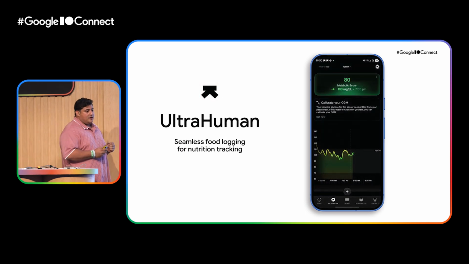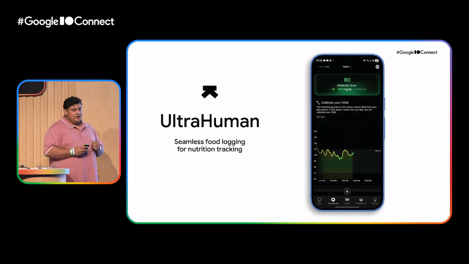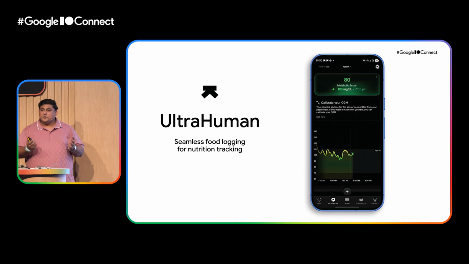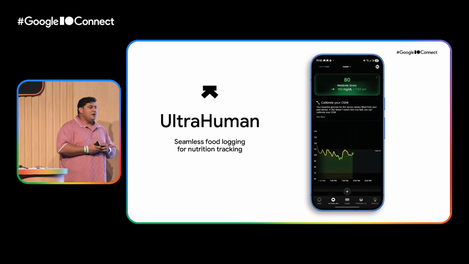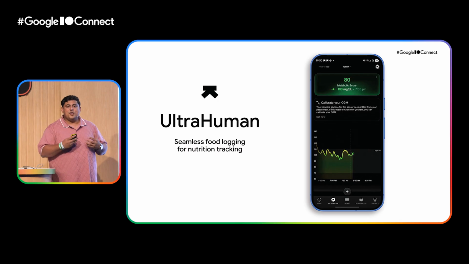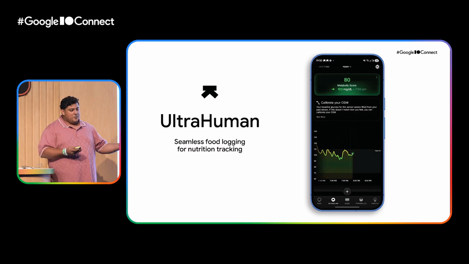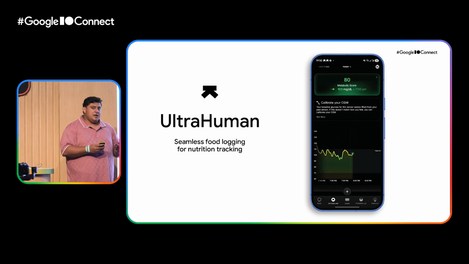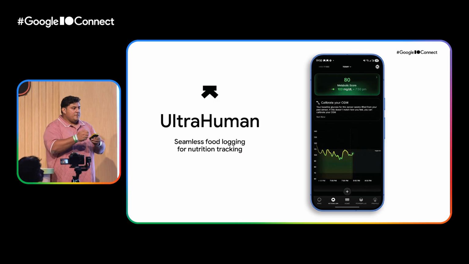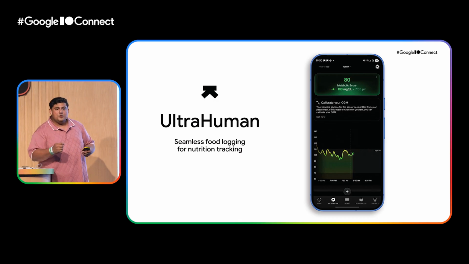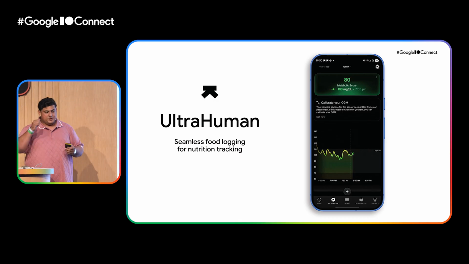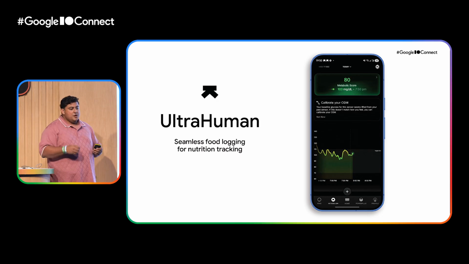And finally, a health pioneer, Ultrahuman, who used AI to tackle an issue of cumbersome data entry. Very simple use case. People don't want to write in a lot of data as they are logging in food, and they saw that this feature has a high abandonment rate because there's a lot of entry that needs to be done. So how they've changed it is that you take a picture, send it using Firebase AI Logic.